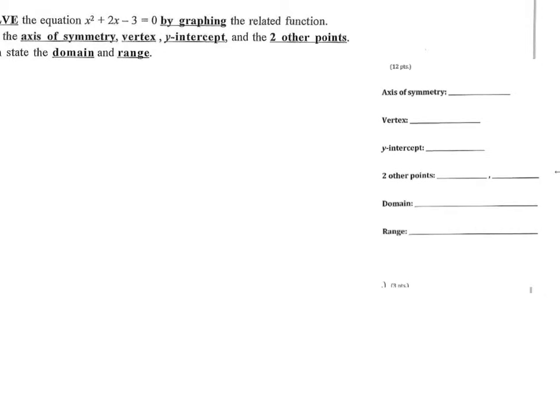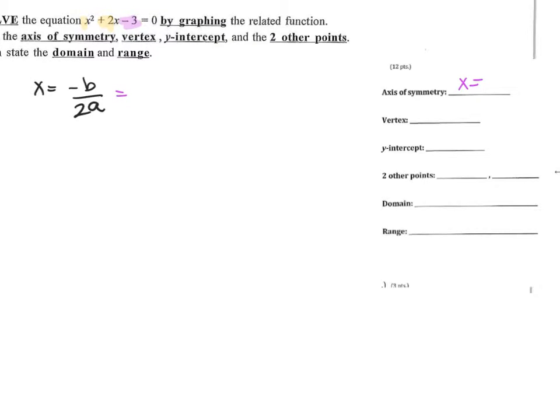I know that the axis of symmetry is the equation x equals -b over 2a. In my current quadratic, I see that a is 1 and b is 2. I also see that c is -3. So when I go to do the axis of symmetry, I know that my answer has to be x equals something.